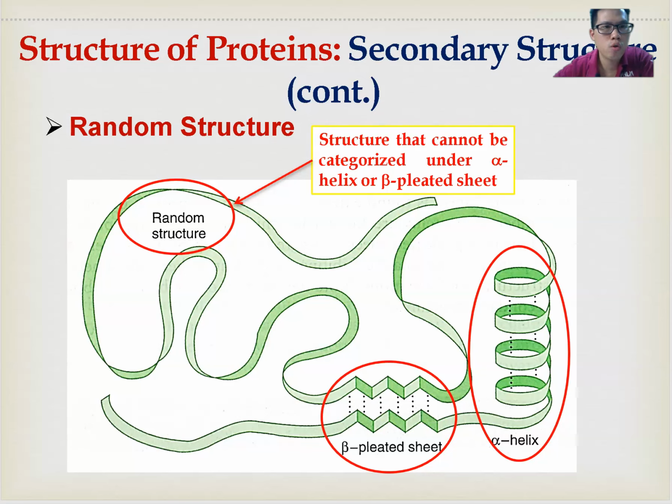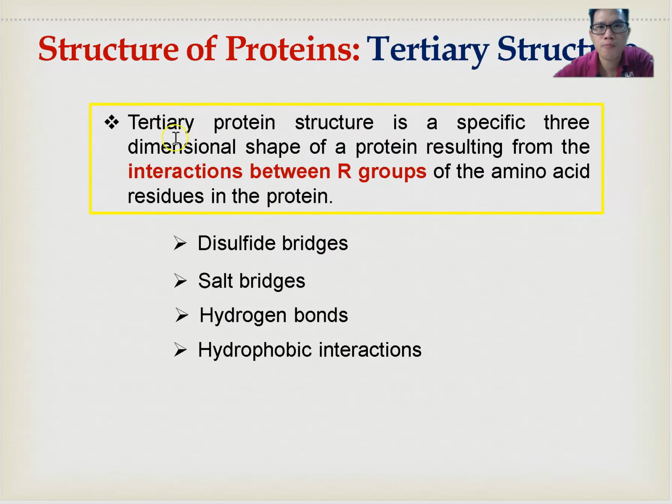So they will fold into a tertiary structure. This tertiary structure is due to the interaction between the R groups of the amino acids. The secondary structure is due to the interaction between the peptide bonds, forming hydrogen bonding. The tertiary is largely due to the R groups.